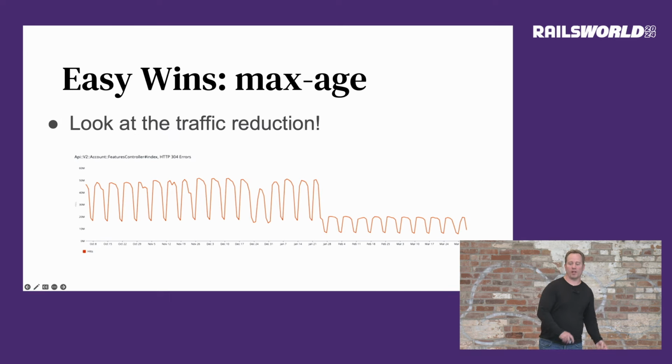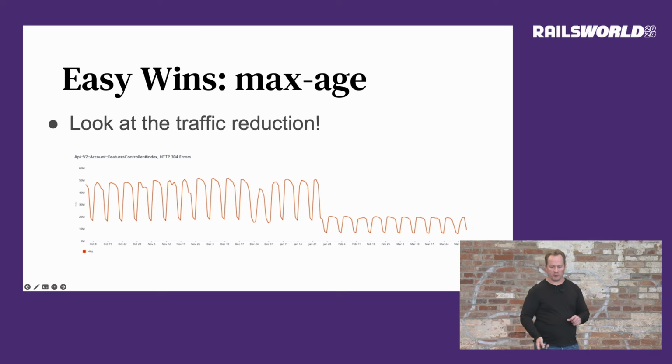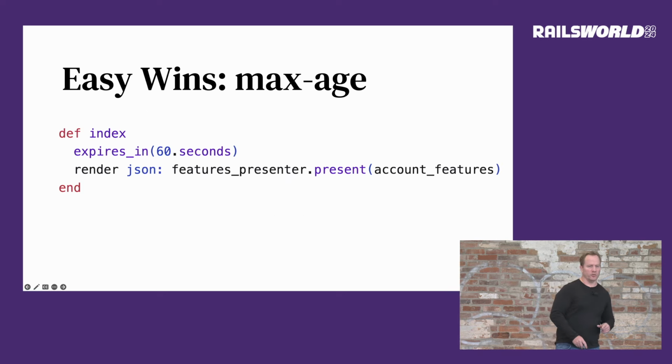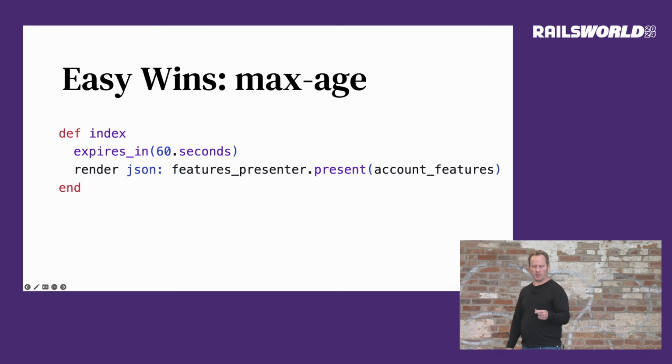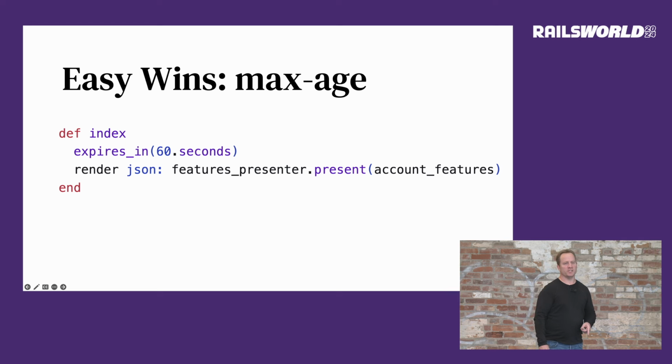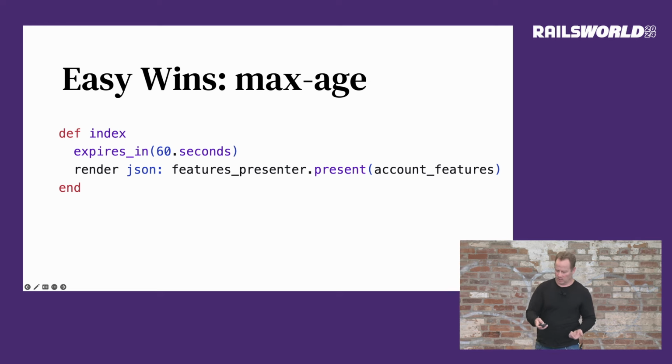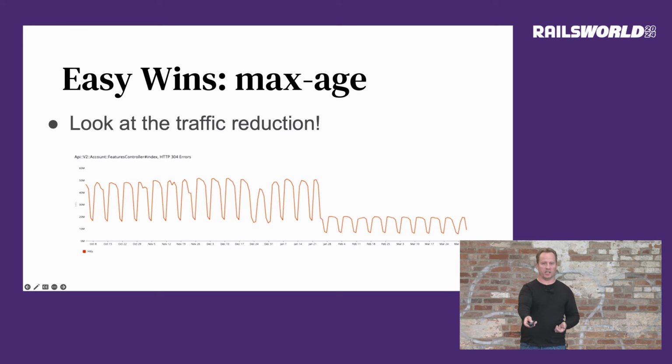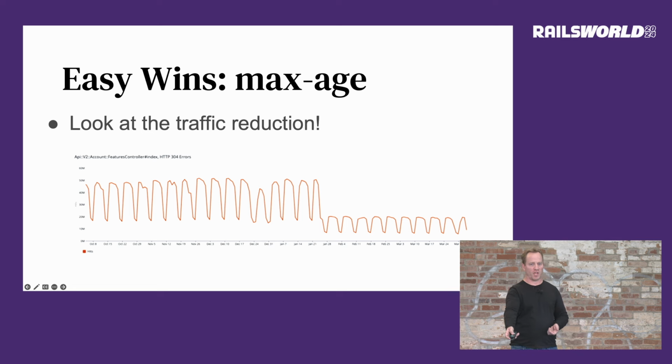Anyways, I'm going to move on to max age. You may or may not be familiar with max age, but the syntax in the Ruby code is something like this, where you say expires in 60 seconds. If you don't know what this is, it's really important, because I'm going to go back here. This is the amount of traffic we reduced after implementing max age.